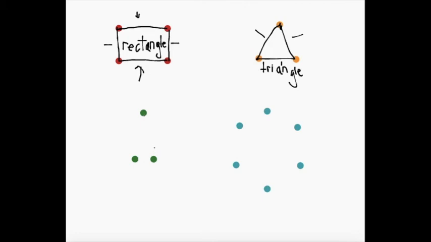All right, it has 1, 2, 3 dots, which means it's going to have 1, 2, 3 sides and 3 corners. That means it's a triangle.